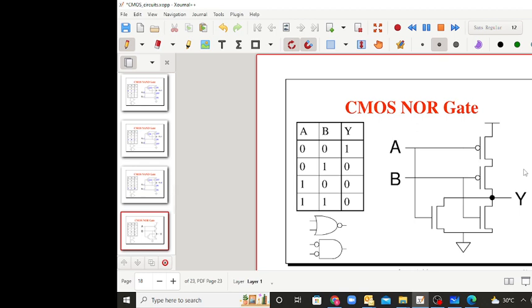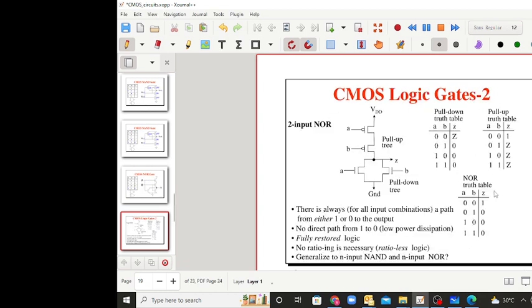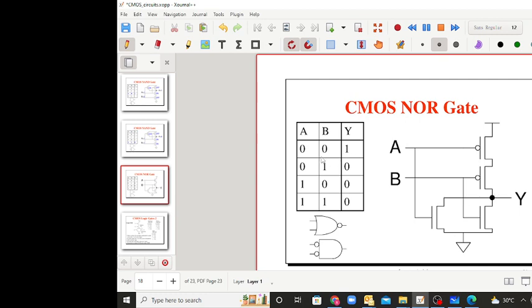Similarly, the NOR gate. For the NOR gate, you will have just the opposite, that is, your NMOS structure will have transistors in parallel, and PMOS will have transistors in series. Now if 0 0, both these transistors are on, so you will get a 1.